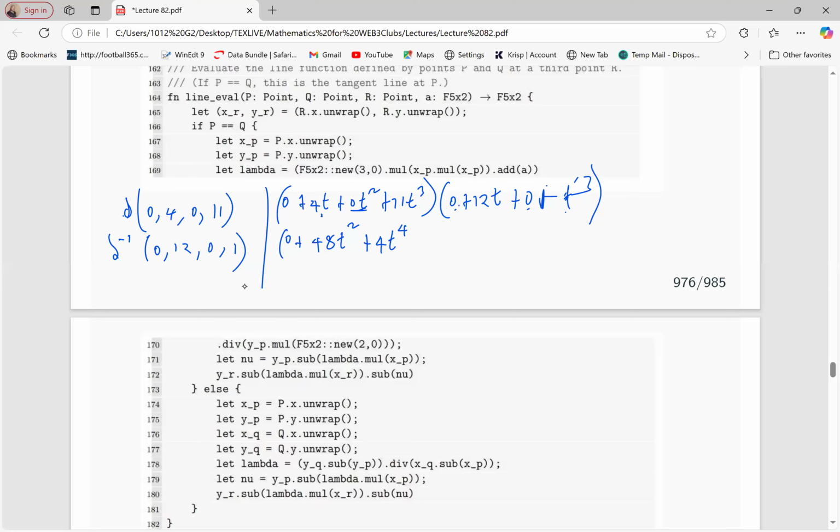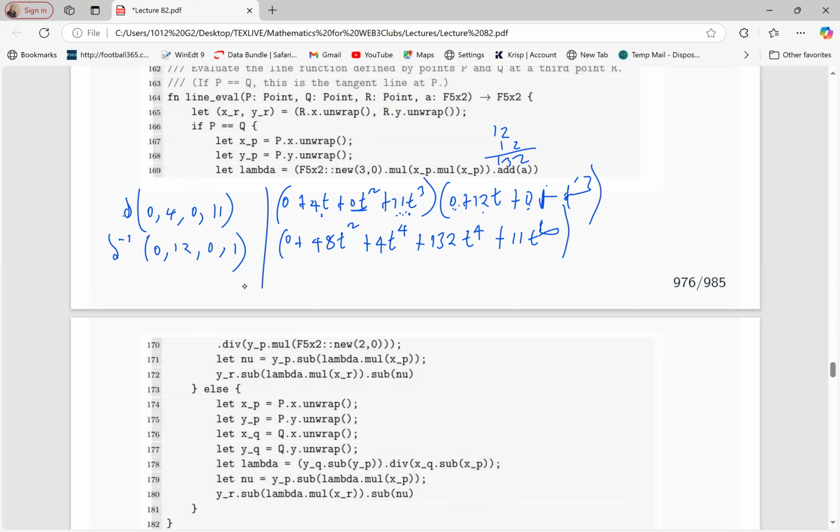It will be 0, so let's leave that. What about 11t cubed? 11t cubed by this will be 0. 11t cubed by this will be 132t raised to 4. Then this will be 0, and this will be 11t raised to 6.